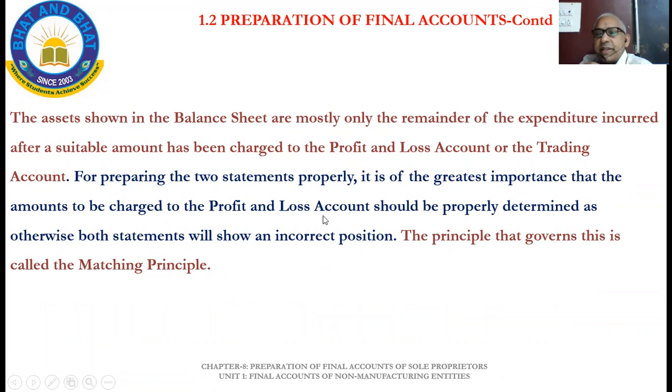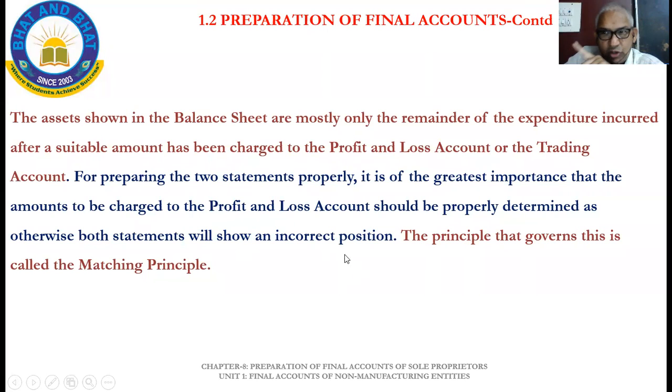Another principle is the matching principle. Matching principle, in brief, says that whatever expenditure is done, if the benefits, meaning profit or income, are received for that, then only that expenditure will be taken into account during that period. Otherwise, whenever that matching principle is followed, matching concept, we have done in the first chapter, different concepts of accounting, no?